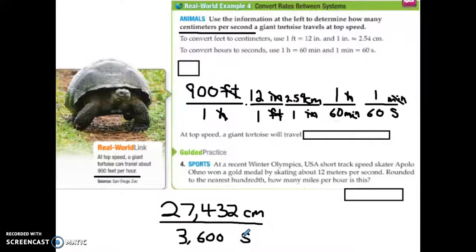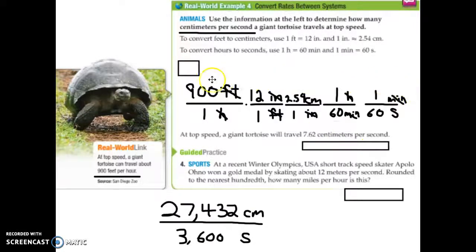And now I want to turn this into a unit rate. So I take the numerator divided by the denominator, and I get, on my calculator, 7.62. Let's see if I'm right. 7.62 centimeters per second. Hey, there it is. And that's how that is done.